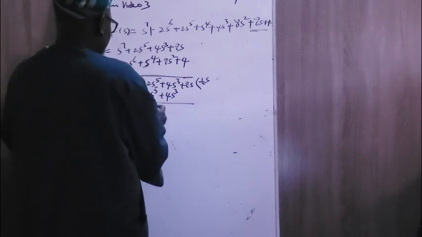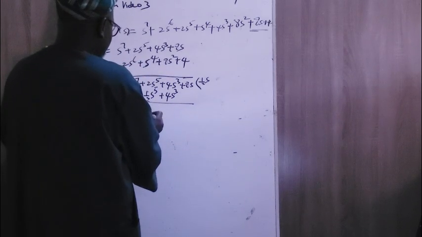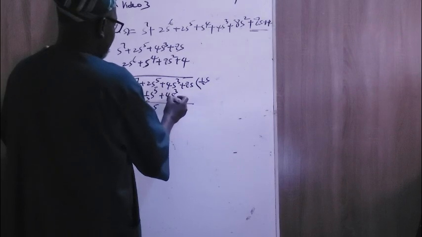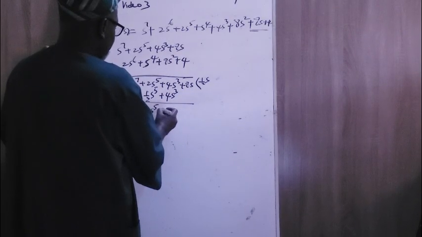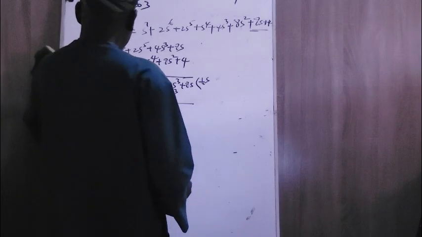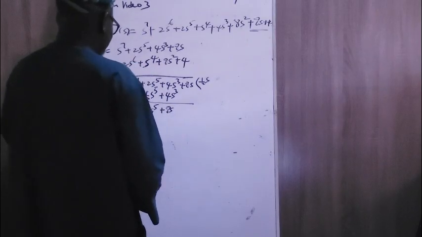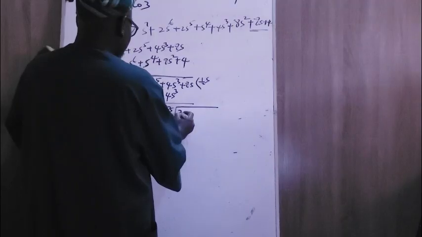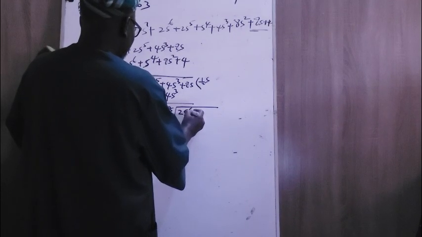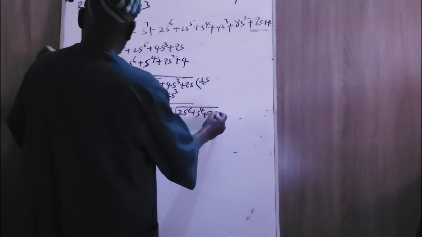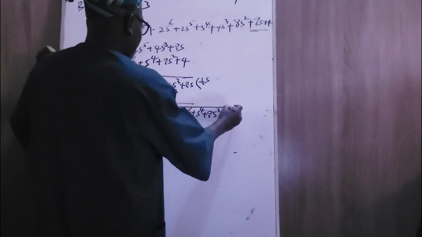When we subtract, what are we having here? We are going to have 3 over 2 s^5, 4s^3 minus 4s^3, that one goes, plus 8s. And then we bring this, 2s^6 plus s^4 plus 8s^2 plus 4.